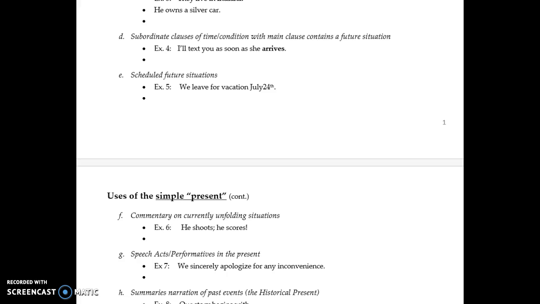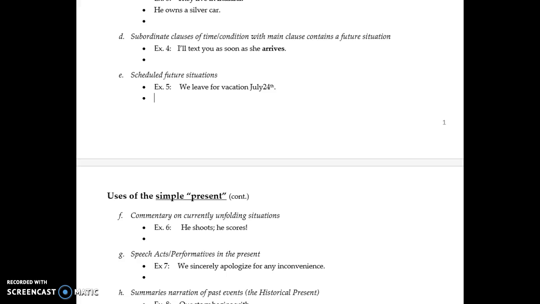Moving down to the next one, we see this often in sports, like he shoots, he scores. Of course, that person can only say that he shoots and scores after the event has happened, but it makes it feel more exciting and close to the event if simple present is used.